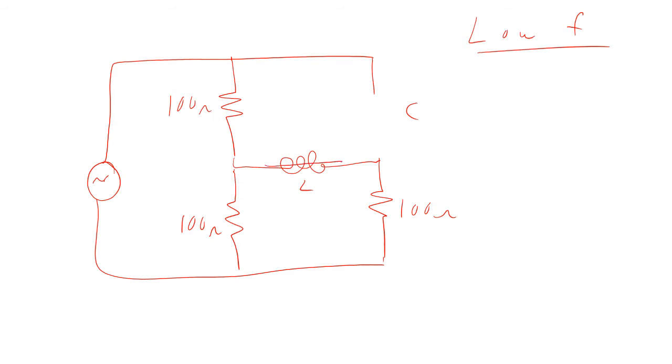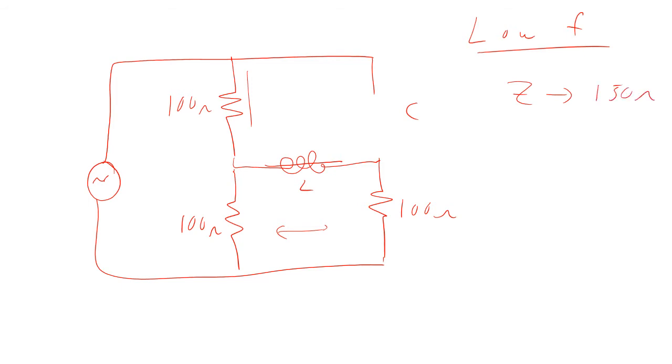And so that means that we have two 100 ohm resistors in parallel. So what's two 100 ohm resistors in parallel? Well, that is going to be 50 ohms. And that 50 ohms is going to be in series with 100 ohms. So that means that the total impedance is going to be about 150 ohms.